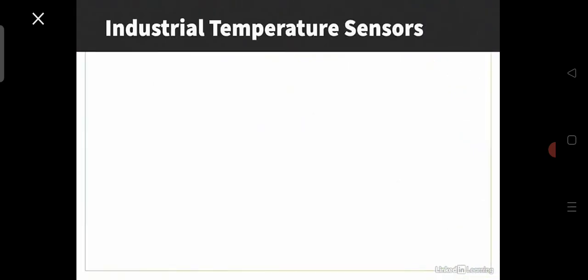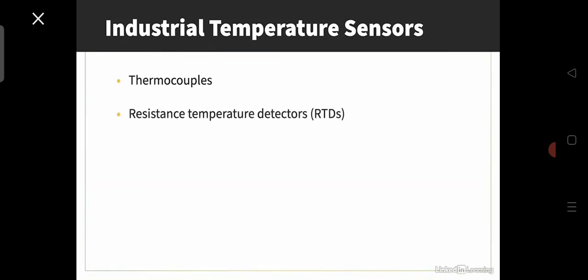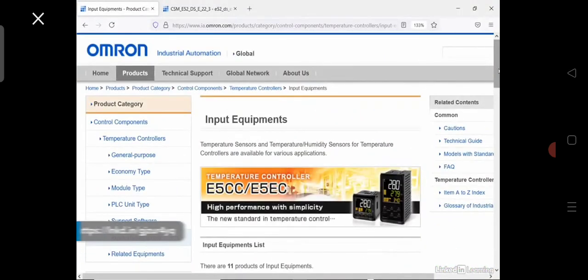The main two types of industrial temperature sensors are thermocouples and resistance temperature detectors, or RTDs. RTDs and thermocouples come in different shapes and models. You can see here a list of models by Omron.